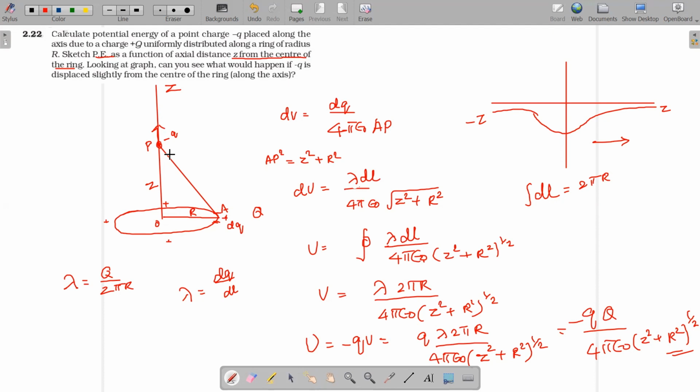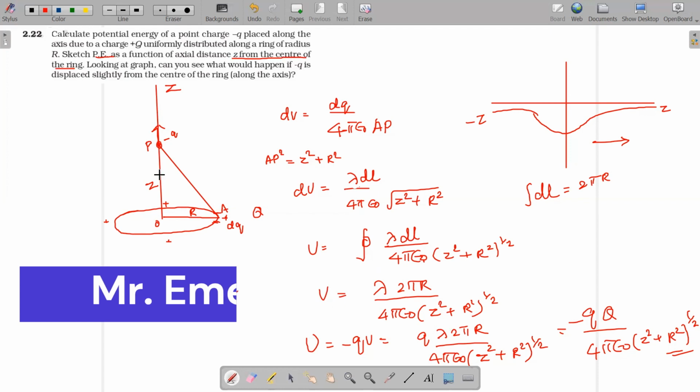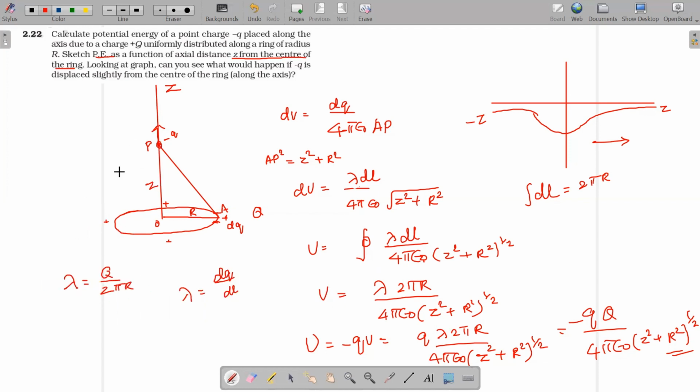The conclusion is, the charge would perform oscillation when displaced slightly from the center of the ring, because of the balancing force offered on both sides. This is the conclusion. Okay. Thank you for listening.